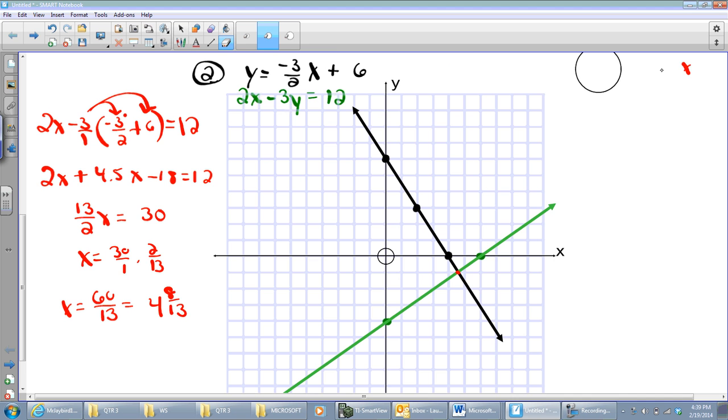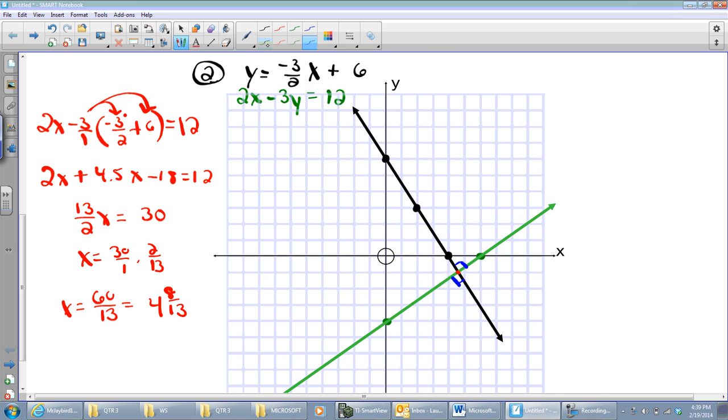Anyway, I'm not going to worry about doing all that. It's getting ugly. But I wanted to point something out to you. These two lines intersect. It's a consistent independent system, but don't they look perpendicular? And I knew that they were perpendicular to each other before I even started.